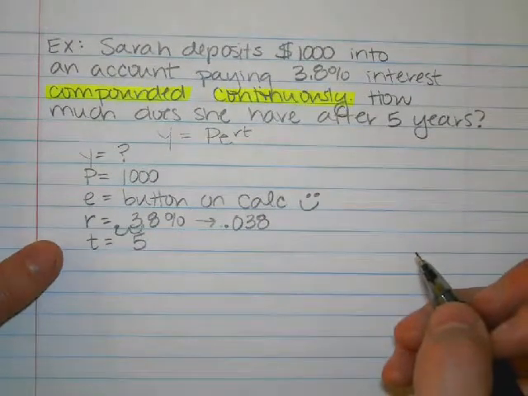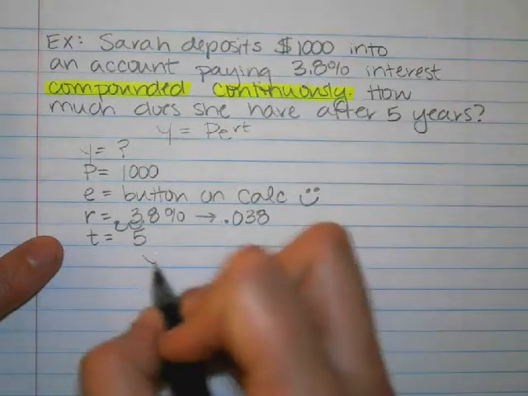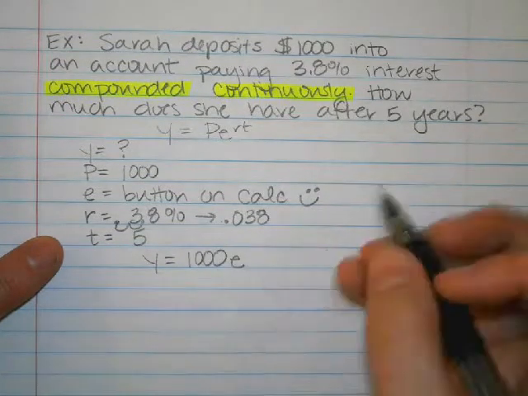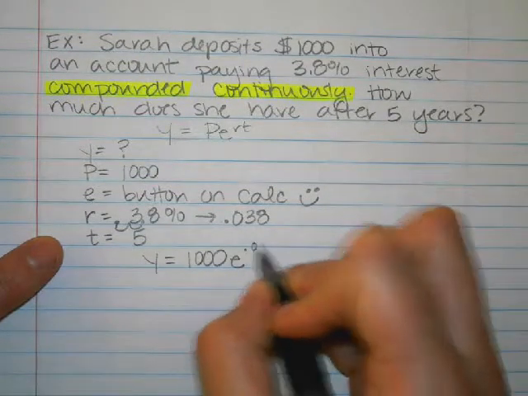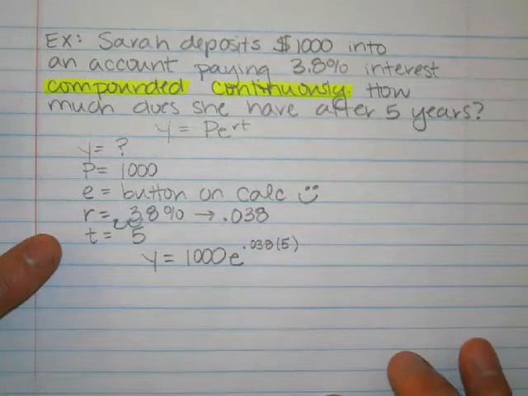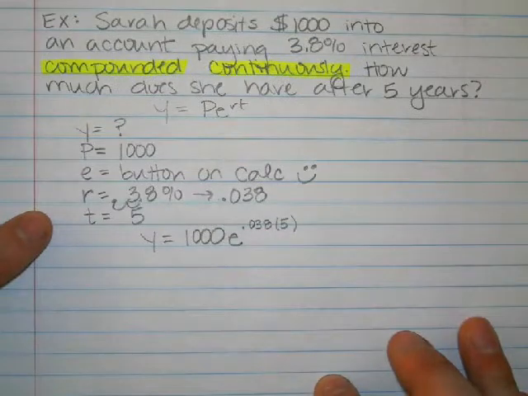So at this point, we are ready to plug this in. We're going to say y equals 1,000 e to the r times t. Real rough, right?